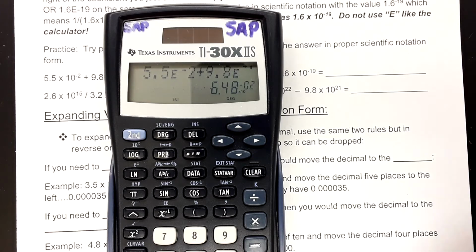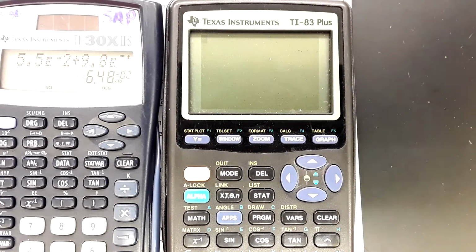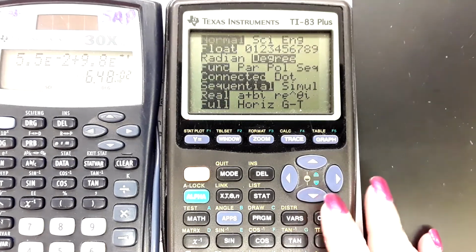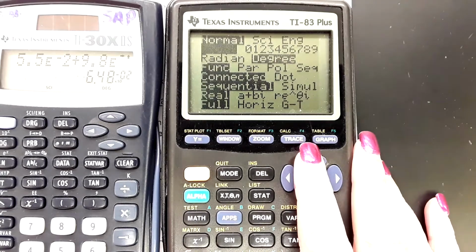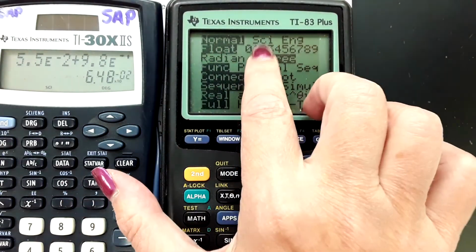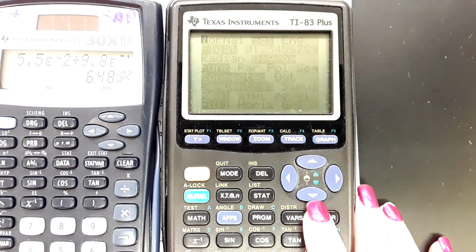Now, if you're using a graphing calculator, you actually have to go into, let's see, where is it? Mode. Here we go. We have to go into mode. Oh, no, it's right at the top. Normal or expanded form, scientific notation, engineering. So you want scientific notation.